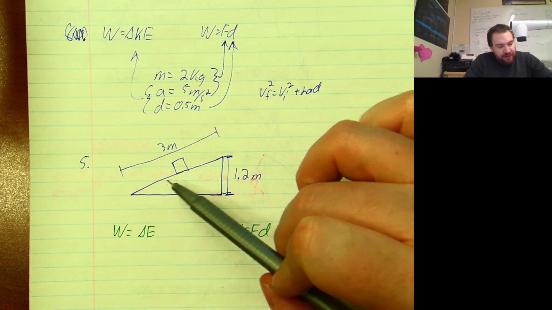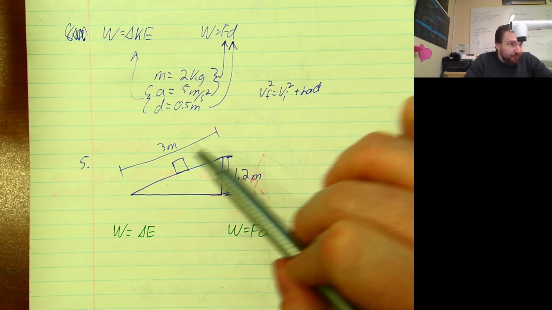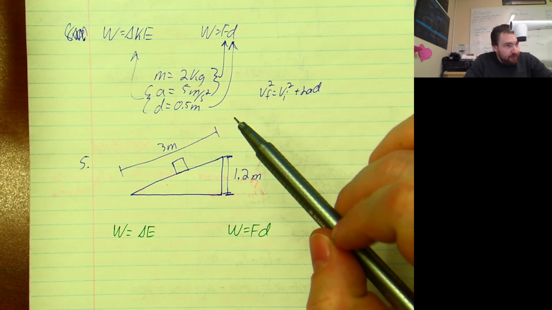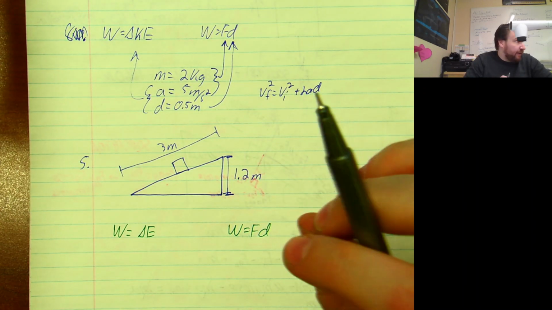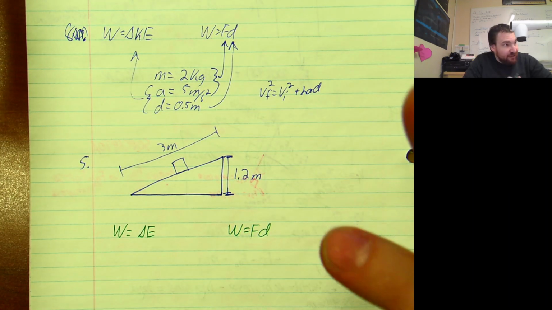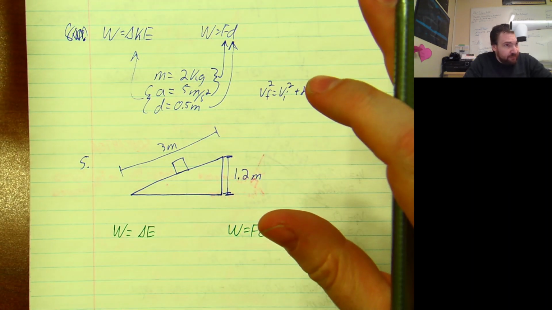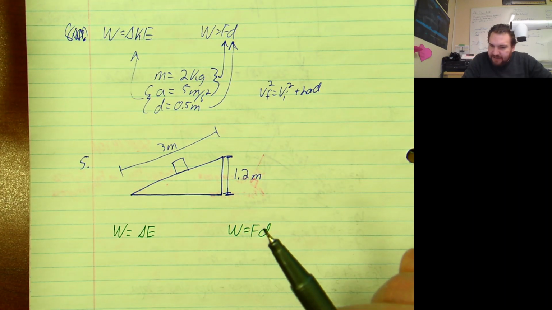If she's pushing, we're going to make a few assumptions here. If she's pushing a motorbike up a ramp, the easiest way is to make sure that the motorbike is traveling at what velocity? A constant velocity. Doesn't matter what it is as long as it's constant and non-zero. Does it actually say it's constant? It does not say it's constant.